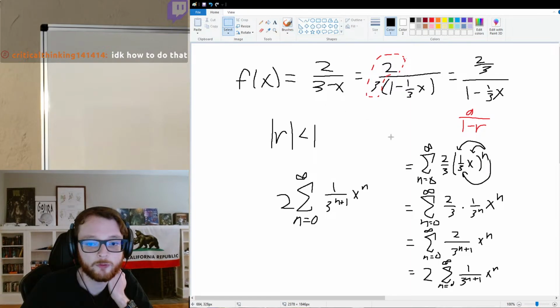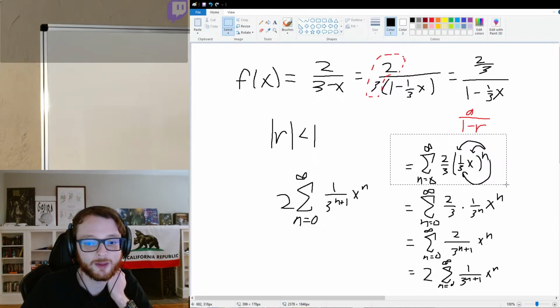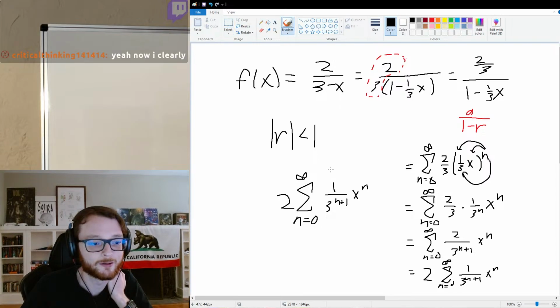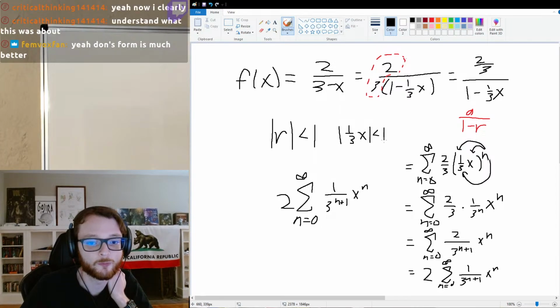I'm going to use this form because it's very clear where r is here, which is why I like it. The book's form, it's not clear at all what r is without doing some manipulation. So just by looking at this, we can see that r is whatever is the power of n. So 1/3 x is r, so we just do the absolute value of 1/3 x is less than 1.